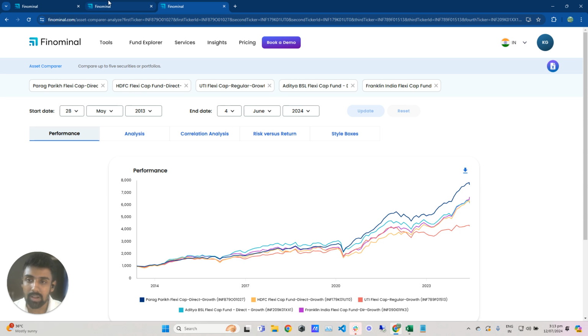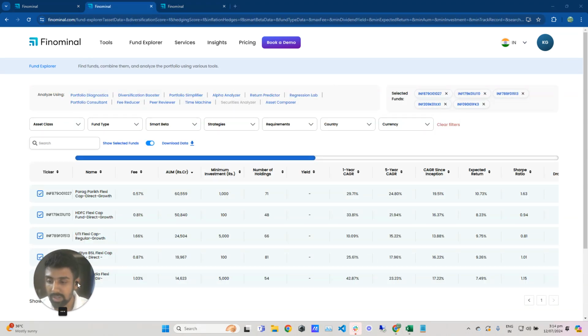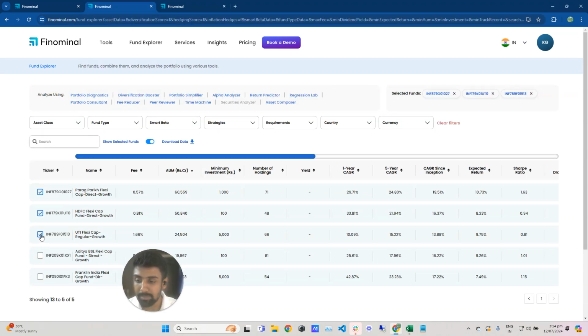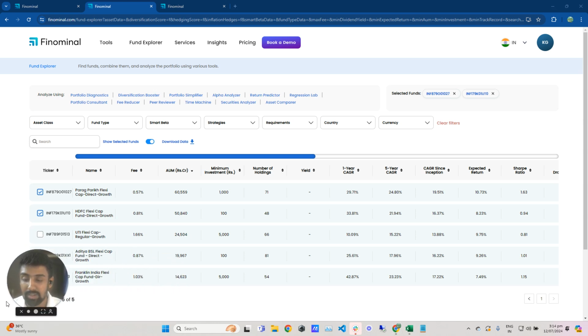To quickly look at that, I already checked the international exposure of Parag Parikh fund, which has about 15% equities currently, and I also checked the international exposure of these other flexi cap funds, just to show you that the other flexi cap funds don't have any international exposure.